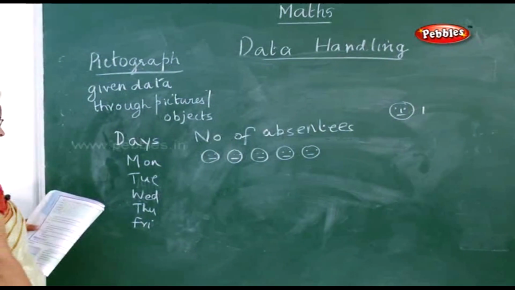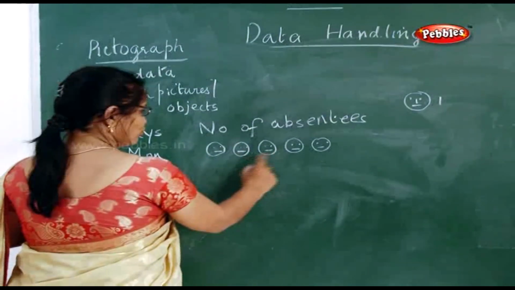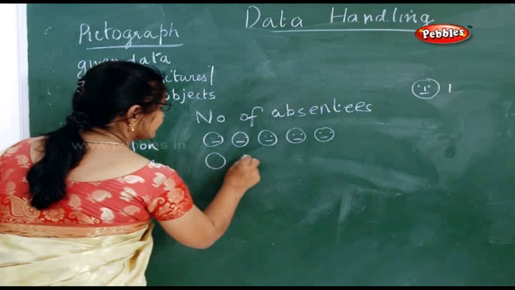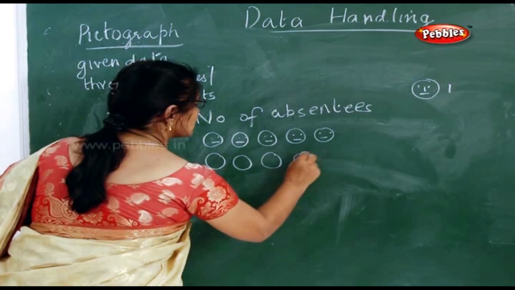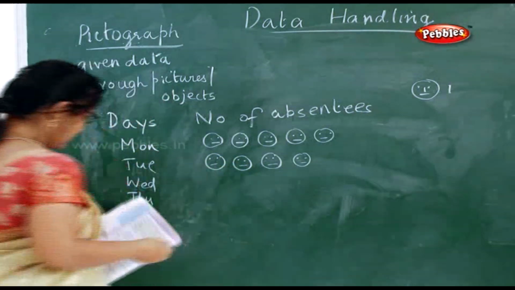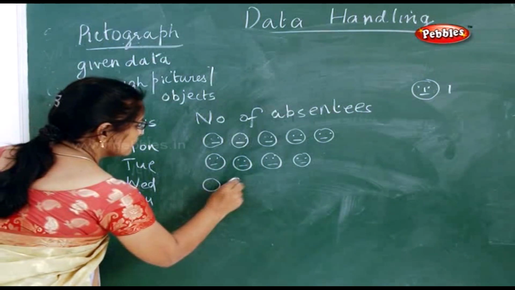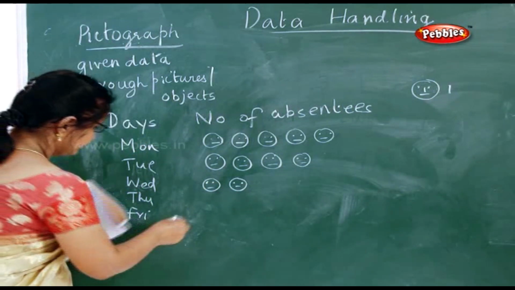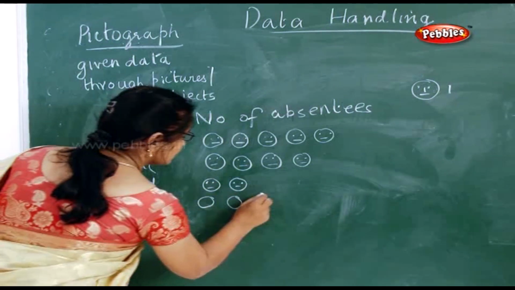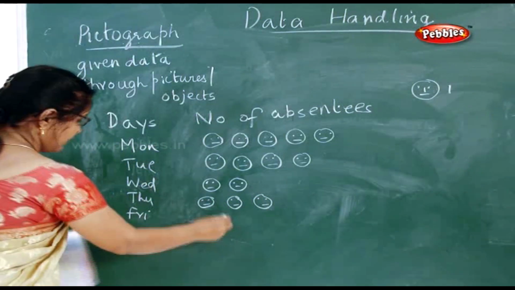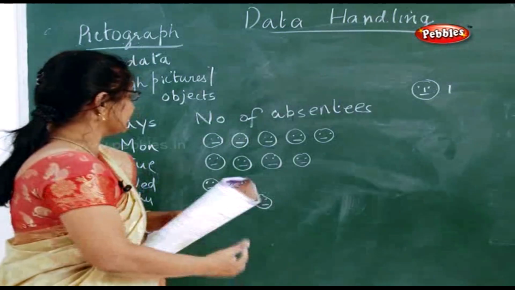How many were there? 1, 2, 3, 4 and 5. Okay, Tuesday. Just check Tuesday. Now Wednesday. Now Thursday. Now Friday. None.